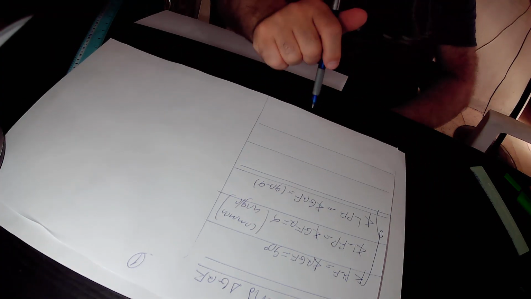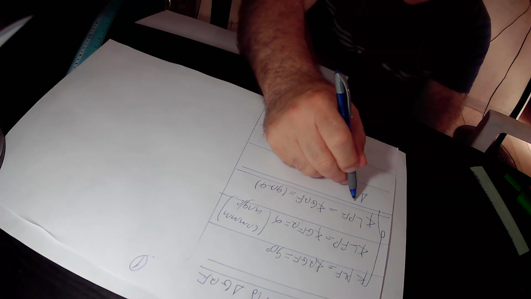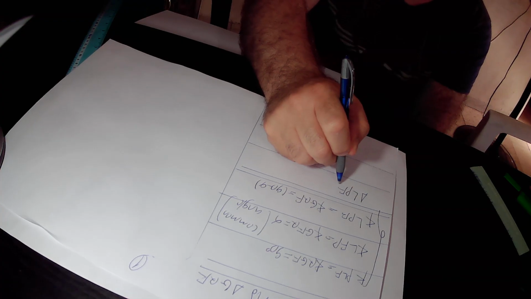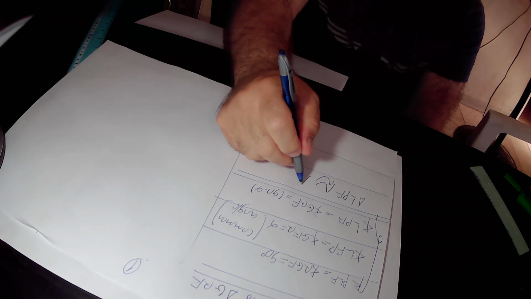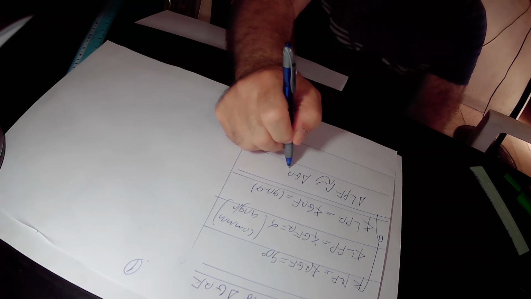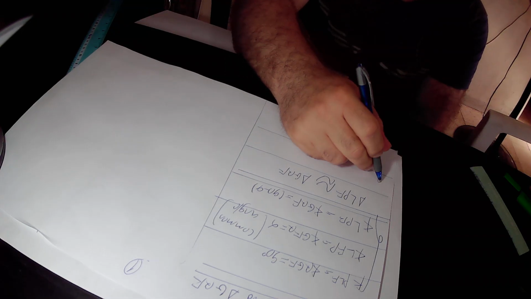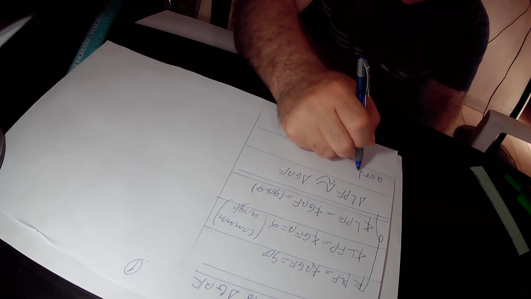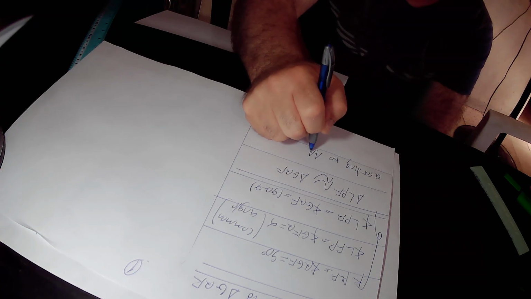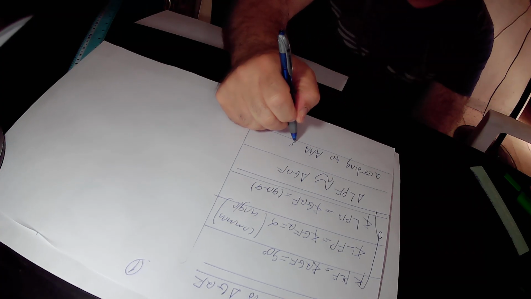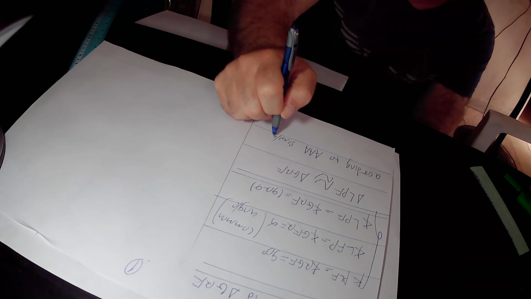I proved that the big right triangle LPF is similar, this is the sign of similar, to the small right triangle GQF according to angle similarity rule.